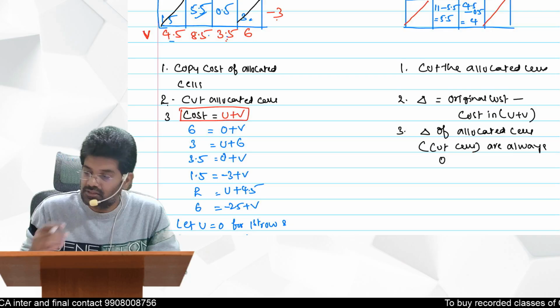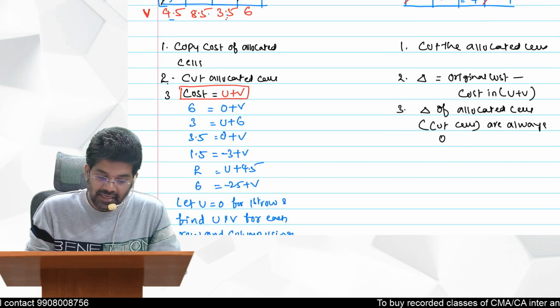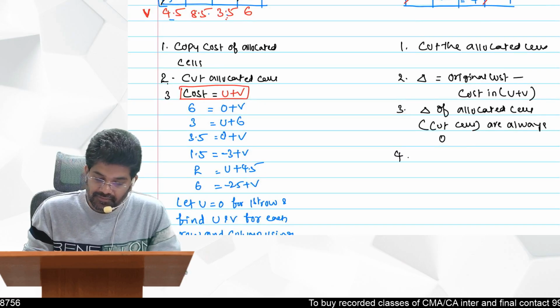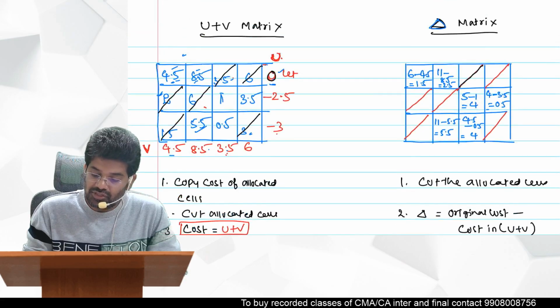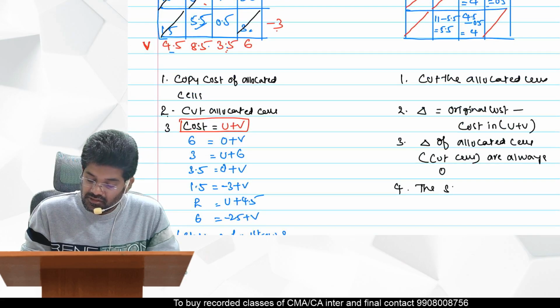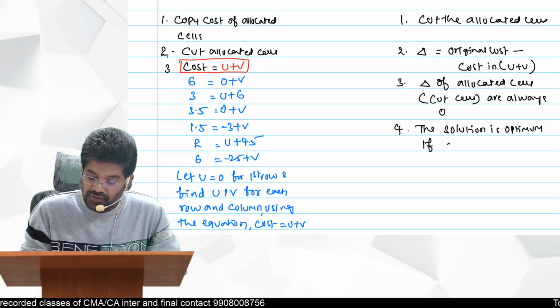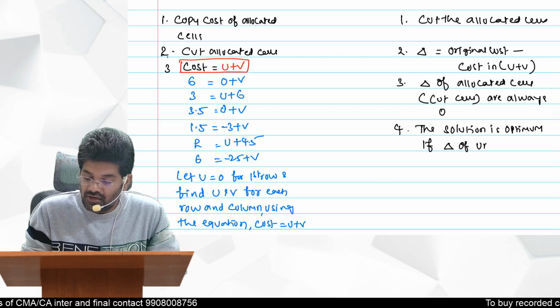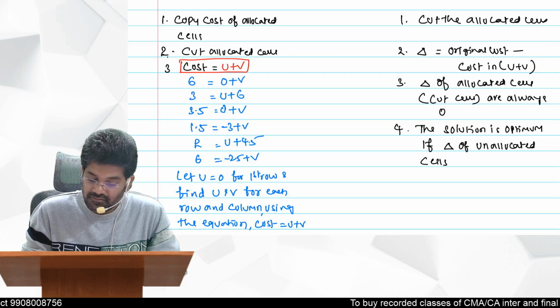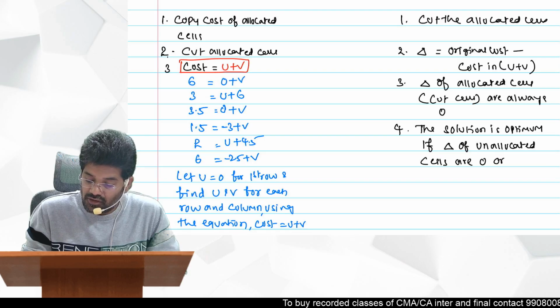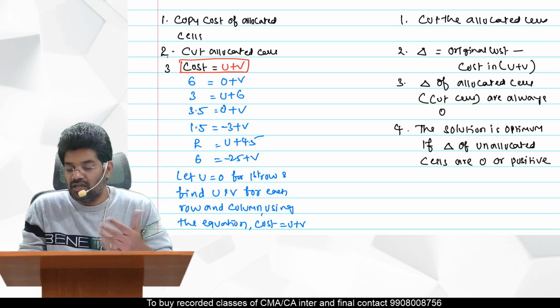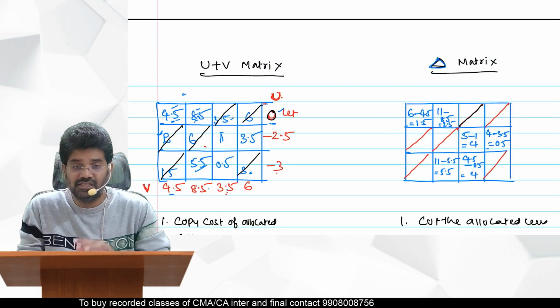Next, the fourth point: the solution is optimum if the change values of the unallocated cells are either 0 or positive.